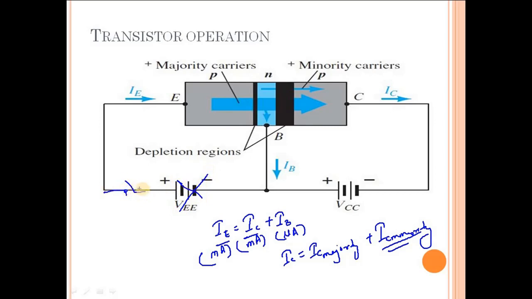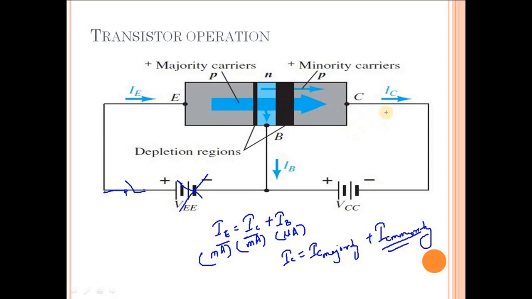If this is open circuit, there are no majority charge carriers, holes, transferred from P to N. So whatever minority charge carriers are in N, those are the holes solely of this N layer. When those N layer holes are pushed by the positive potential of this VCC DC bias and move to P, the current in IC that results is the IC minority.